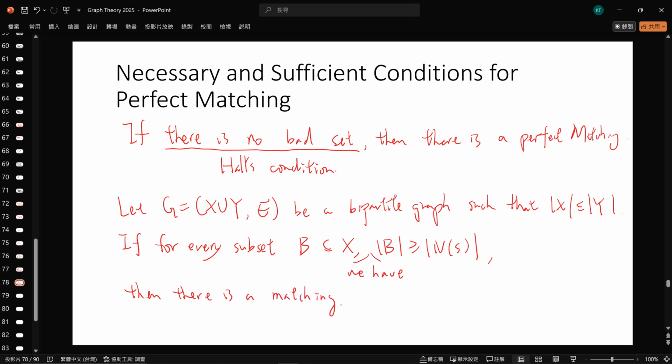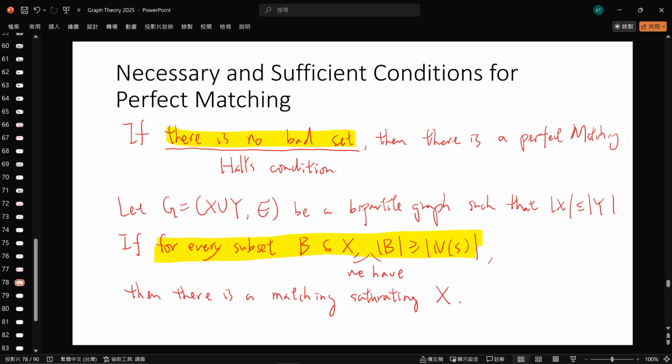And now since X and Y can have different sizes, we cannot wish for a perfect matching. The best we can do is to find a matching that saturates the smaller set, in this case, X. And this highlighted part is the formal definition for there's no bad set.